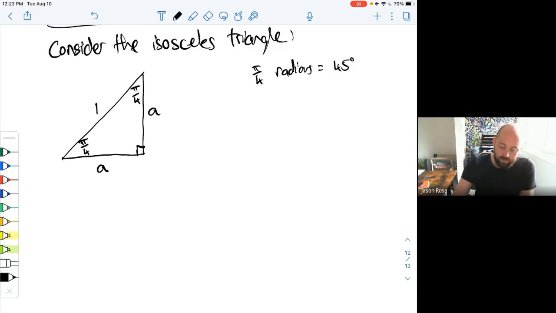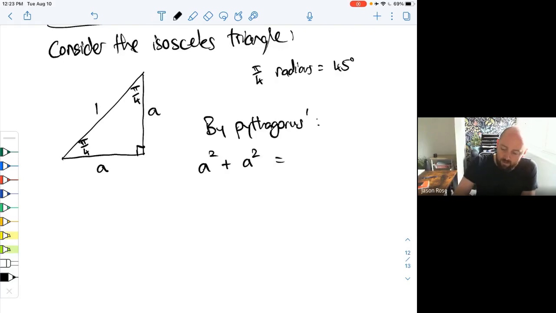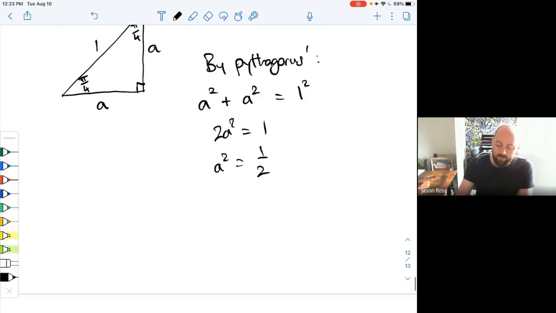So from Pythagoras' theorem, a squared plus a squared is equal to 1 squared. Remember how Pythagoras' theorem works? 2a squared is equal to 1. A squared is equal to 1 over 2. Then a can be plus or minus 1 over root 2.